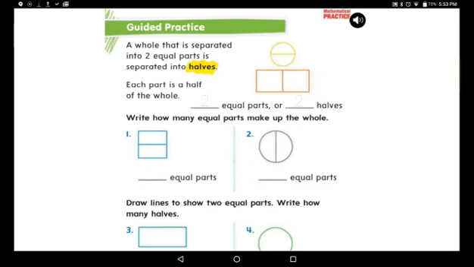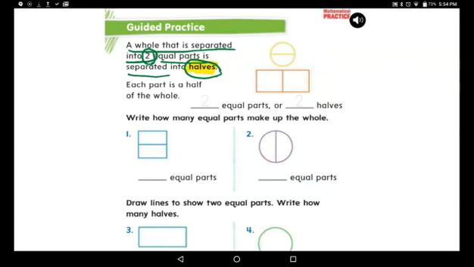If I have a whole that is separated into two equal parts, it is separated into halves. So two equal parts, halves. If they were just two parts but not equal, I cannot say that they are halves. It is not a half.